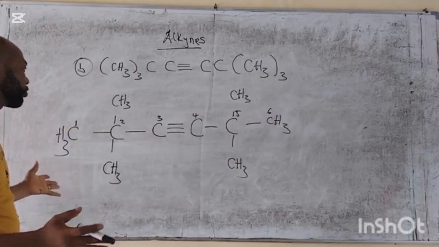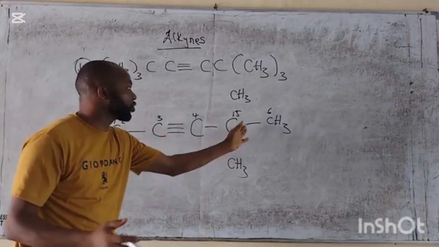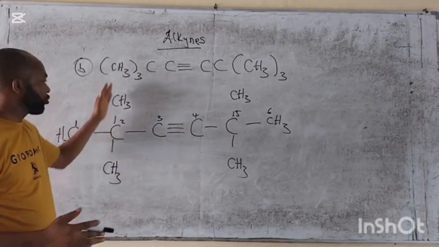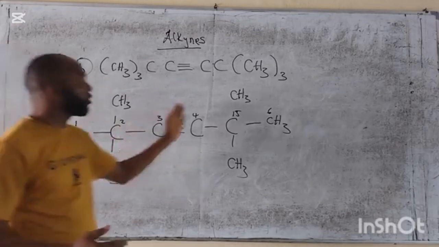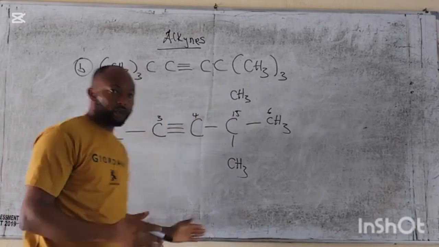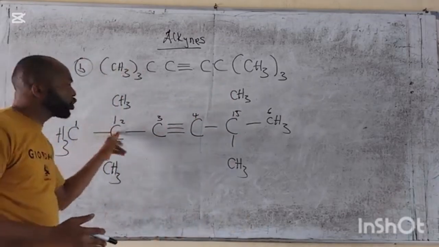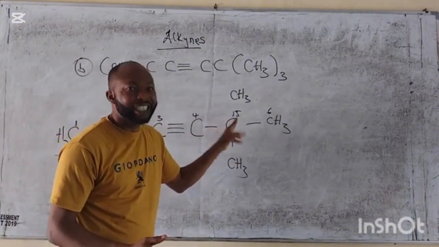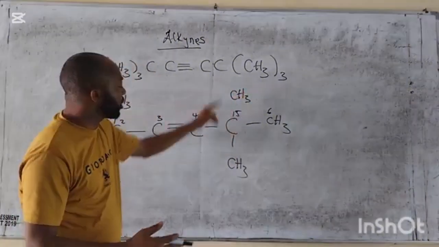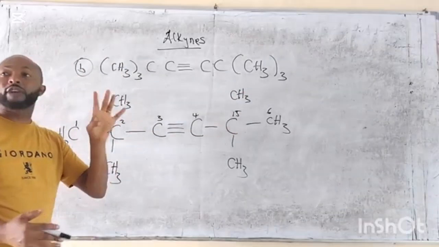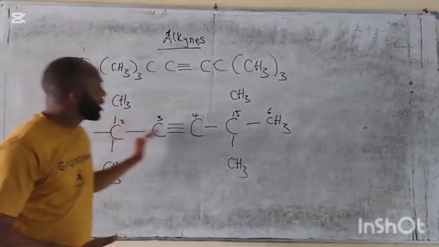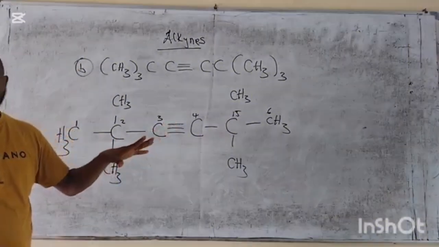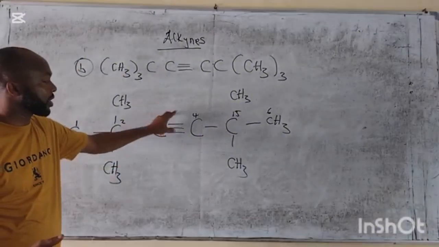In carbon 2, I have 2 methyls. In carbon 5, I have 2 methyls. So this becomes 2, 2, 5, 5-tetramethyl. There are 1, 2, 3, 4. Tetramethyl has 3-yne because the triple bond is in 3.